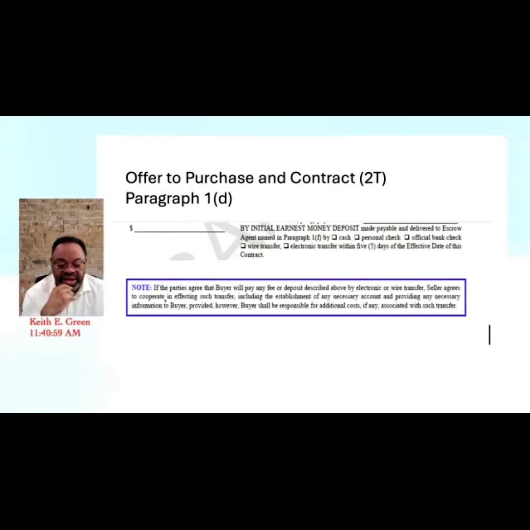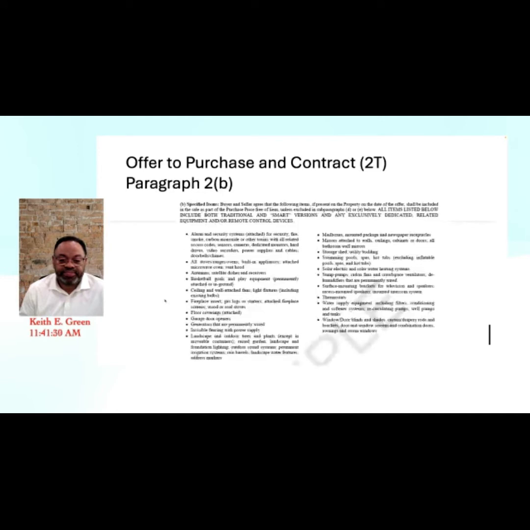There was some confusion early on as to when the earnest money was supposed to be provided. So now they're saying, let's just make it within 5 days of the effective date of the contract, and not on the effective date of the contract. So that's one change made regarding the first part of the offer to purchase contract.